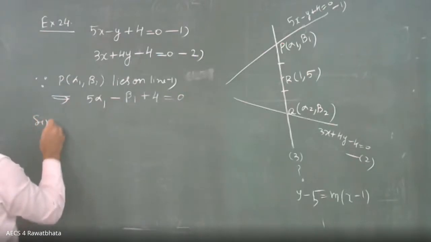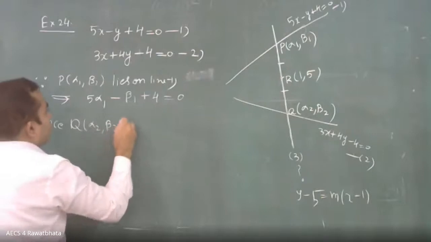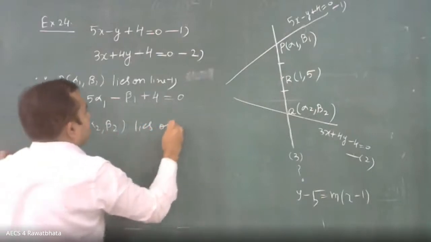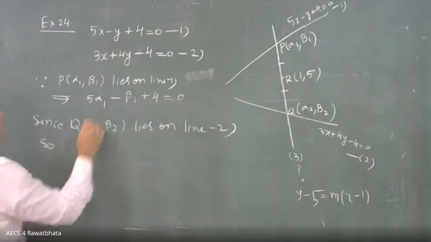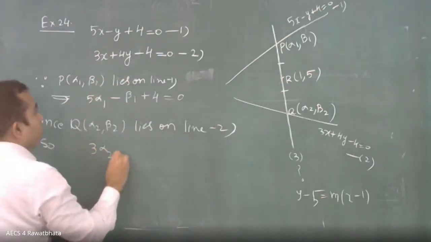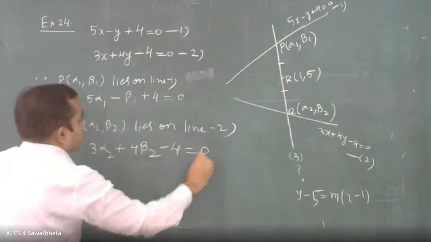And similarly, since Q alpha 2 beta 2 lies on line 2, so put these coordinates here. So 3 alpha 2 plus 4 beta 2 minus 4 equal to 0.